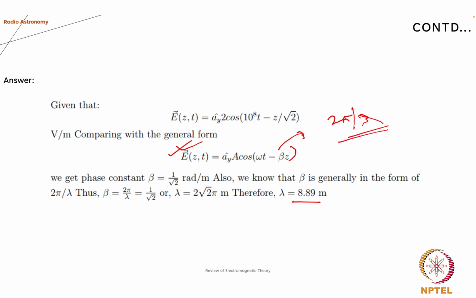Now comparing this with this, beta equals 2 pi by lambda, which equals 1 by root 2. So lambda comes out to be 2 root 2 pi meter. Therefore lambda is 8.89 meter.